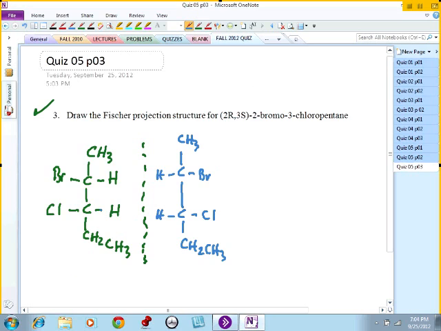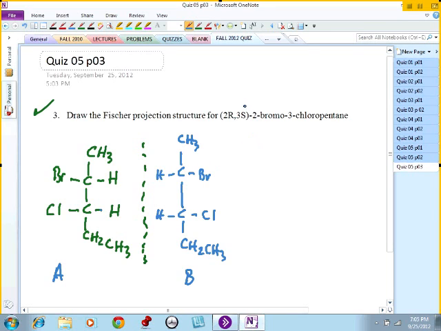That is the mirror image. Let us call this molecule A, molecule B. What is the relationship between molecule A and molecule B? What will you call them? Enantiomers. Molecule A and molecule B are enantiomers of each other. In other words, these are mirror images that will not superimpose. You cannot superimpose them no matter what you do.